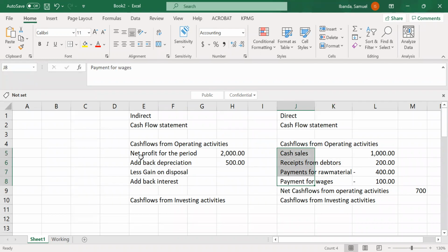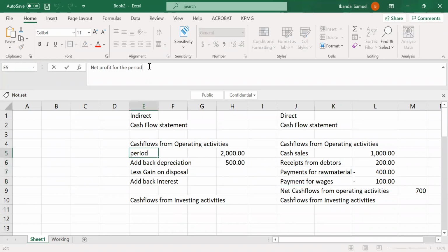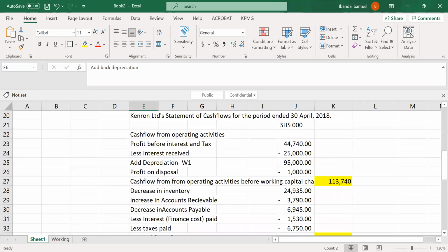For the indirect, you start from the net profit. Usually this net profit is the one that is before tax. And then you work backwards to add certain items and less them, just like the way we have done in this question, okay? So that is how cash flows are prepared.